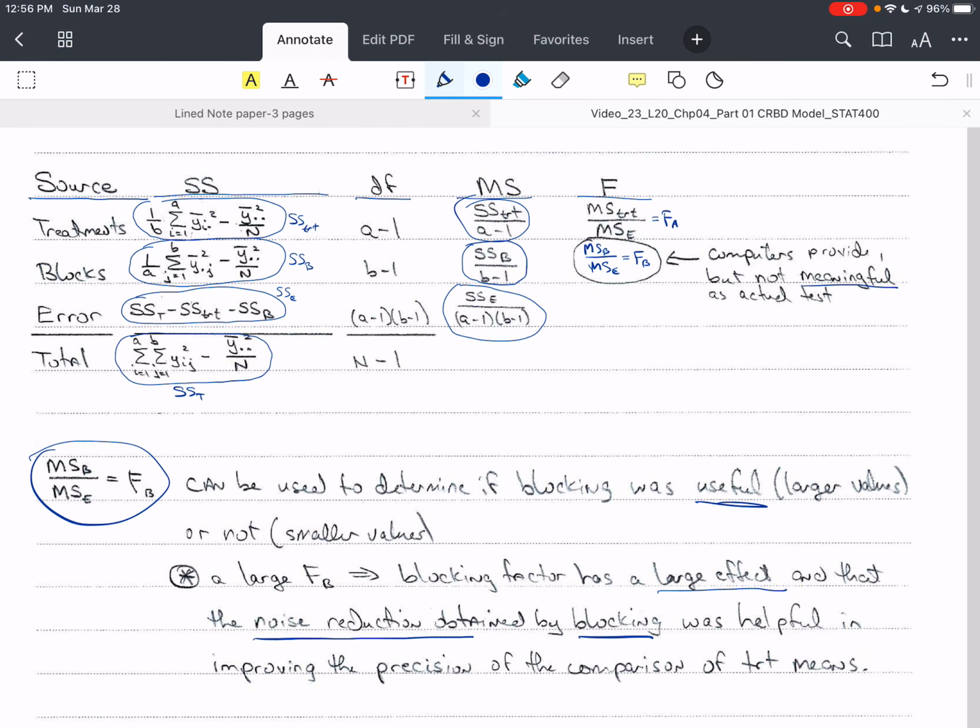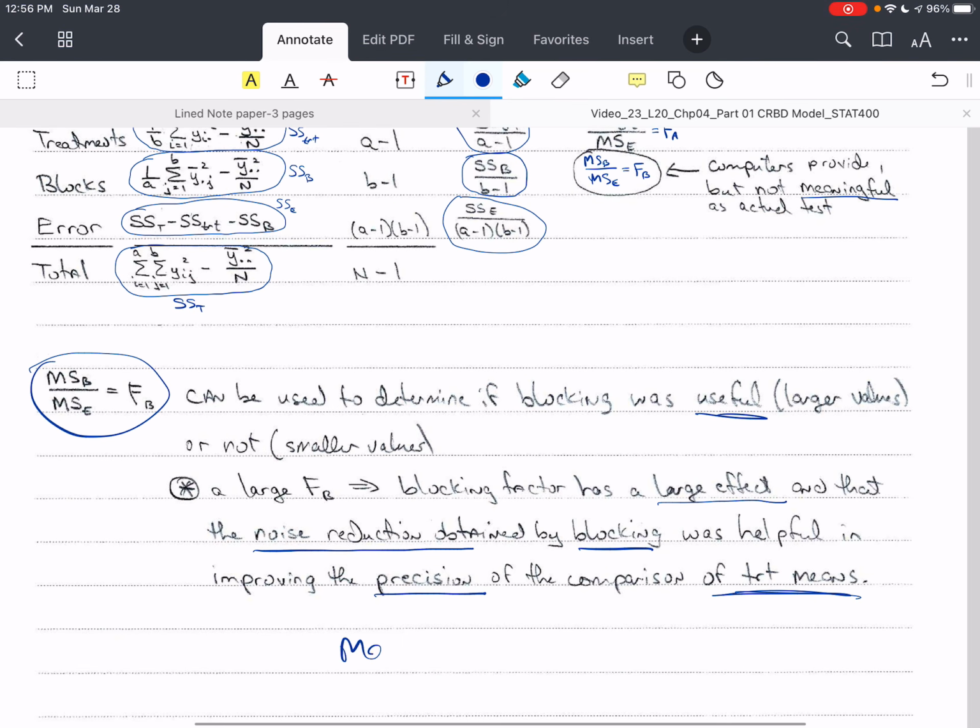And so it was helpful in improving the precision of the comparison of the treatment means. So a larger F of B makes the test F of A more precise. I can't use the word accurate, but at least more precise.